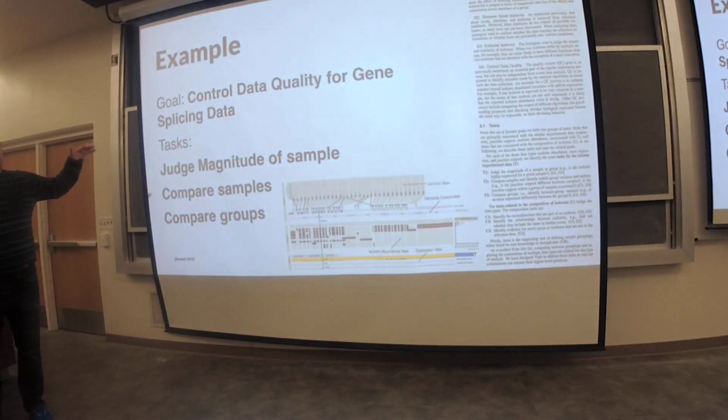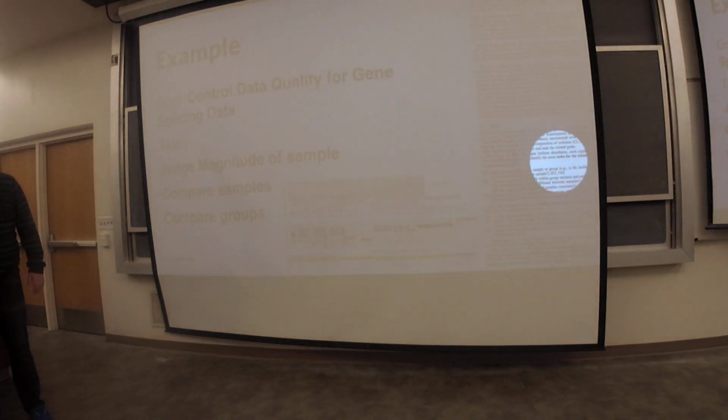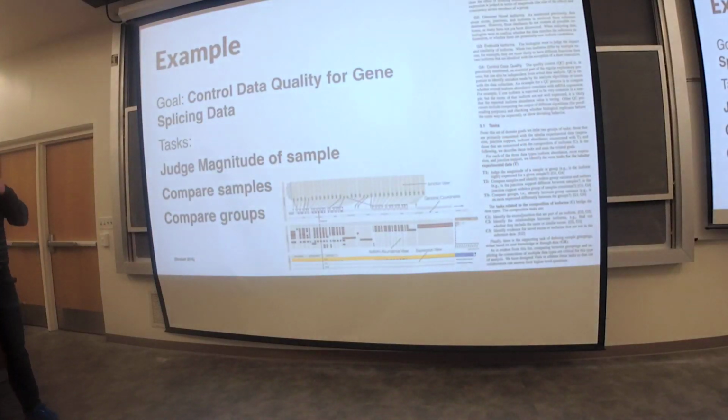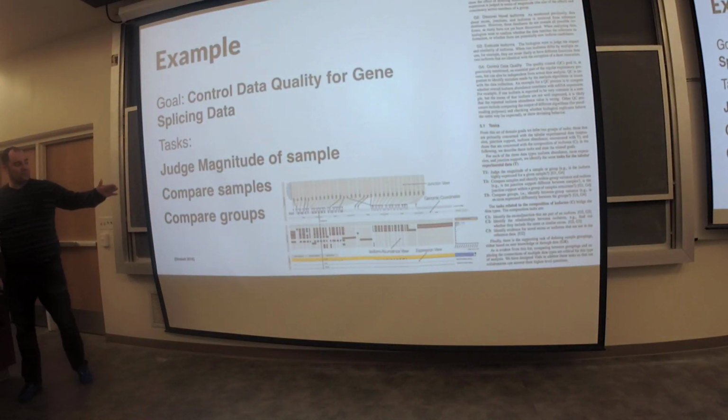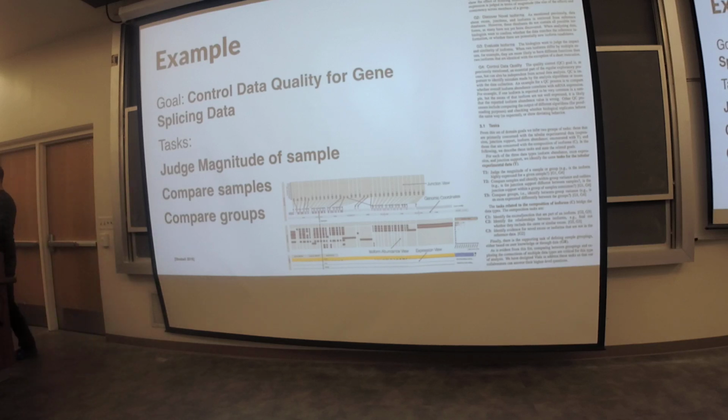And then we broke this down into abstract tasks here: judge the magnitude of a sample or group, compare samples and identify within group variants and outliers, and so on. And then basically what we did is come up with a visualization technique that works for these particular tasks and therefore works for these high-level domain goals.